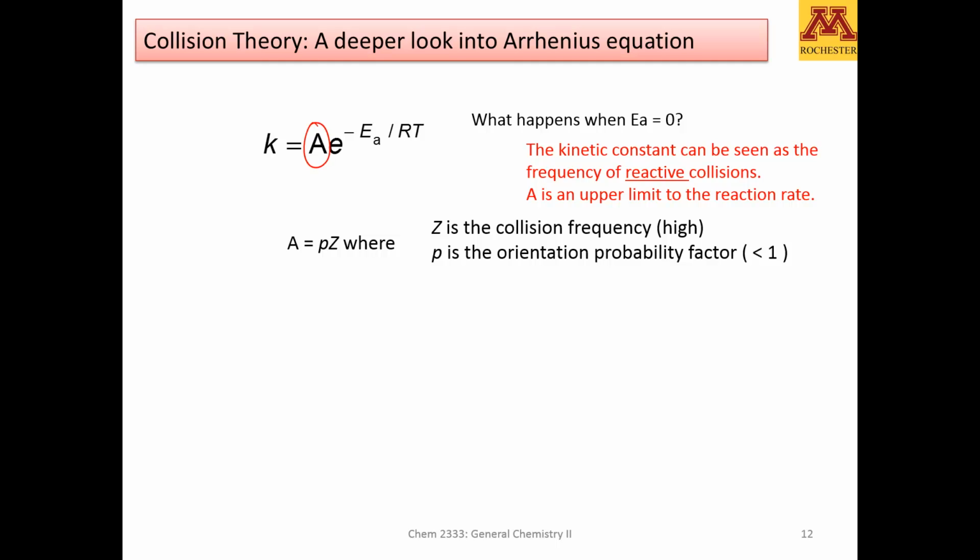The A is the number of collisions with the right orientation, and the exponential part is the fraction that contains reactive collisions because of the energy. The factor that contains effective collisions because of the orientation is already in A. This exponential factor is because of the energy.